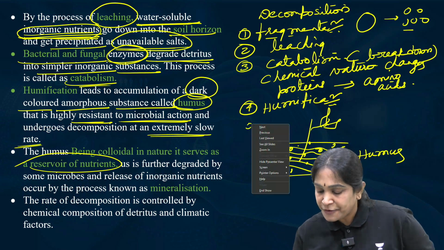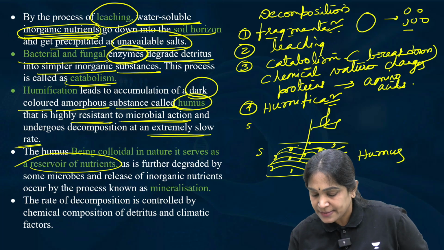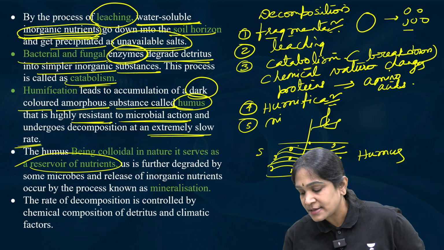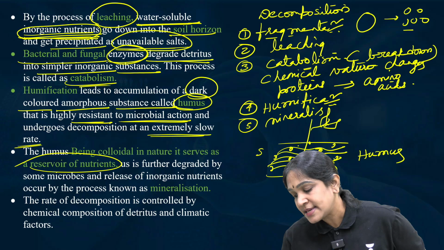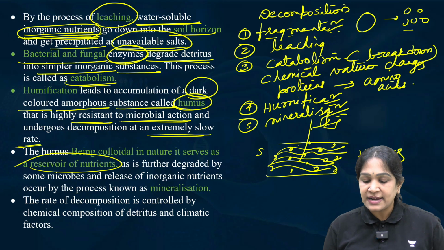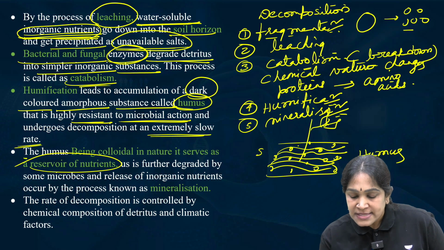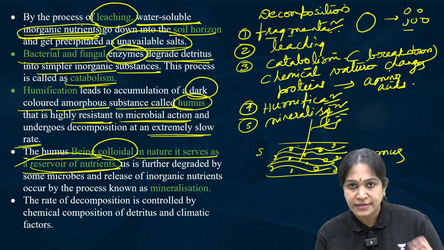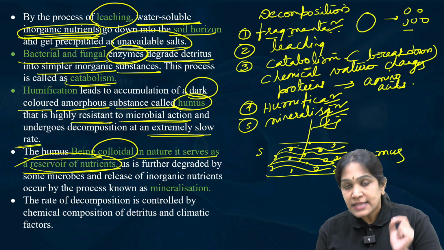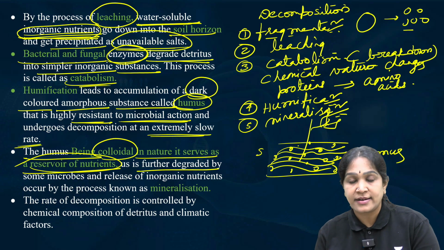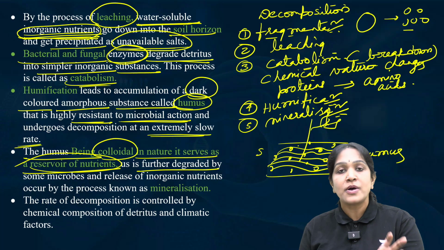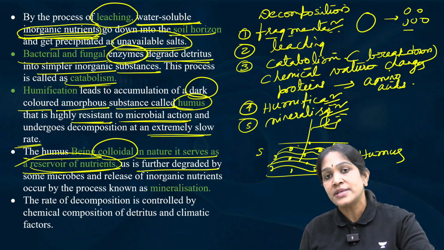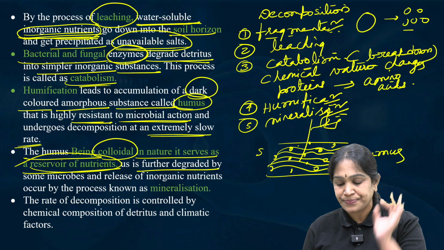The next step, the fifth step, is called mineralization. What is mineralization? The humus being colloidal in nature, it serves as a reservoir for the nutrients. This humus is further degraded. I did not say that it is impossible to degrade the humus, but the humus disintegration is a slow process.